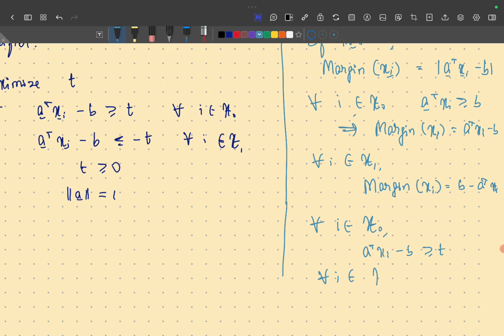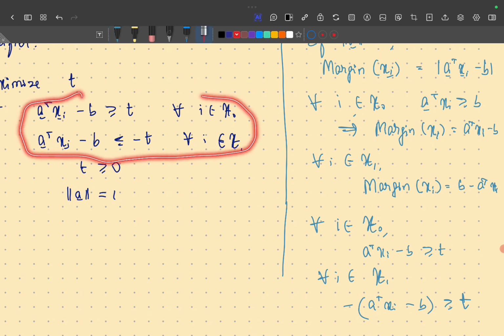For all i that are labeled 1, I want minus of A transpose xi minus b to be greater than or equal to t. Just rearranging those gives me these constraints. This is assuming that norm A is equal to 1.